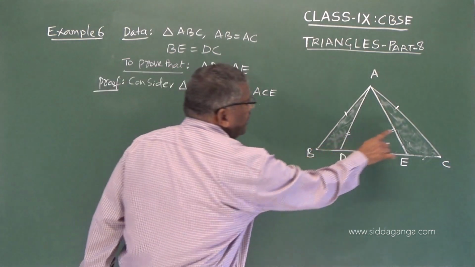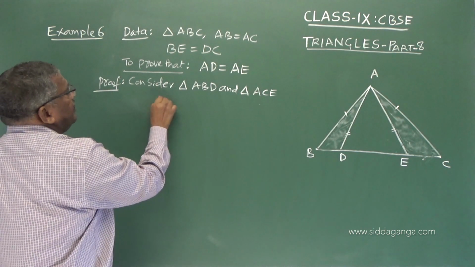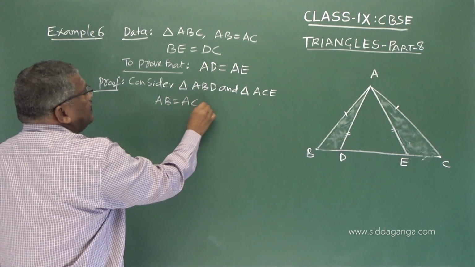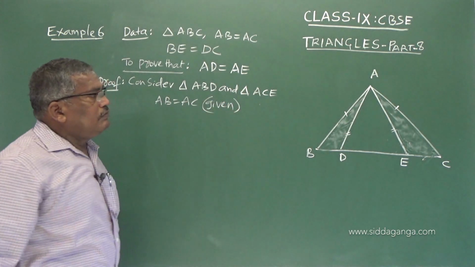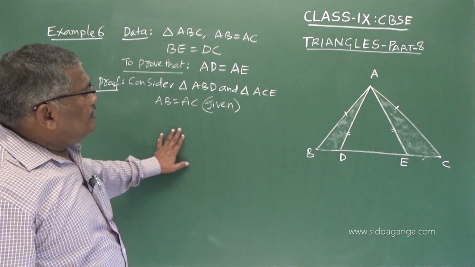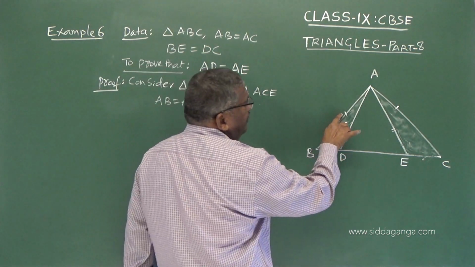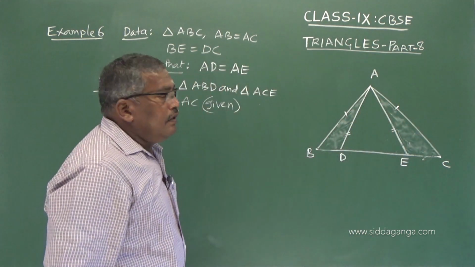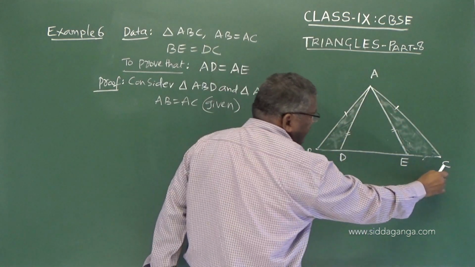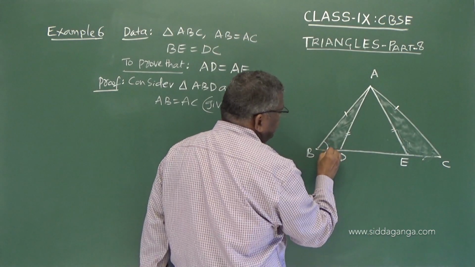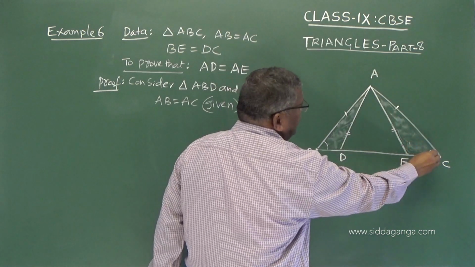So, in these two triangles it is given AB is equal to AC, AB equals AC, given. Now, since AB and AC are equal, the angle opposite to this side in triangle ABC is this angle, and the angle opposite to AB in ABC is this angle.